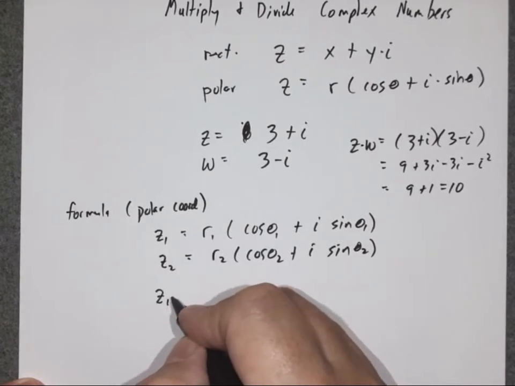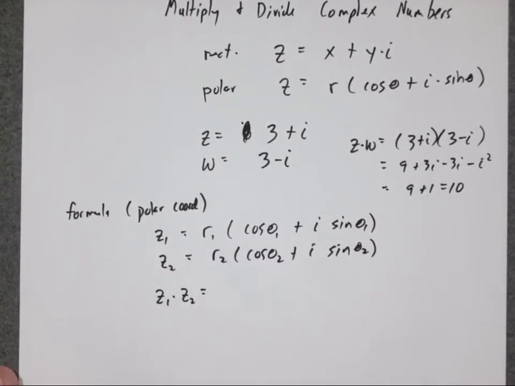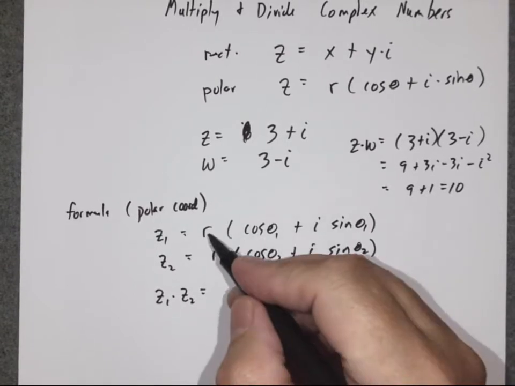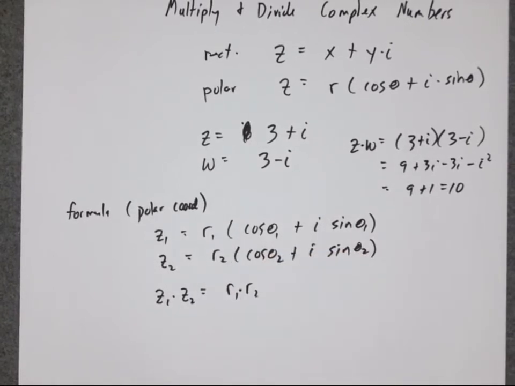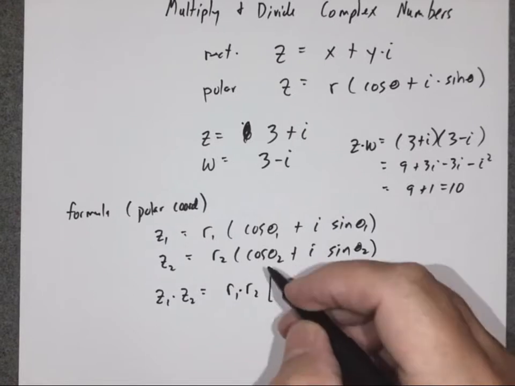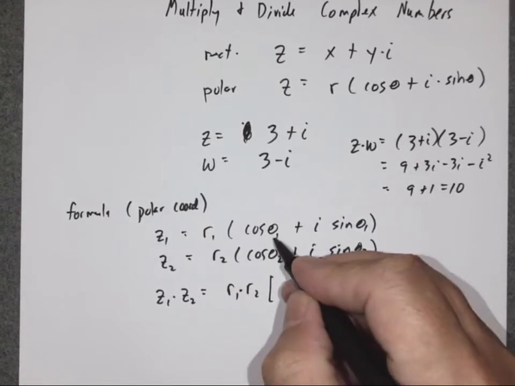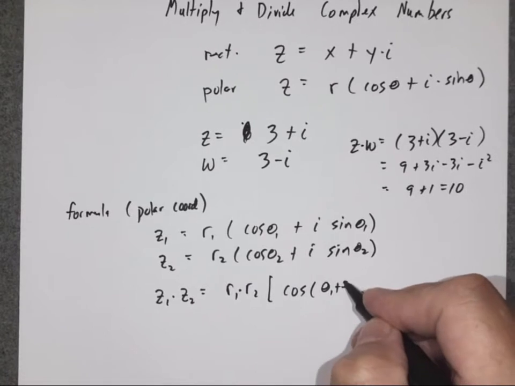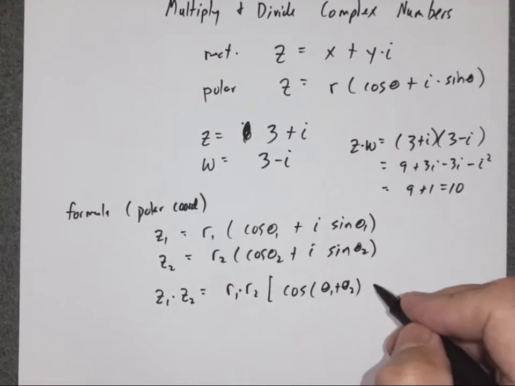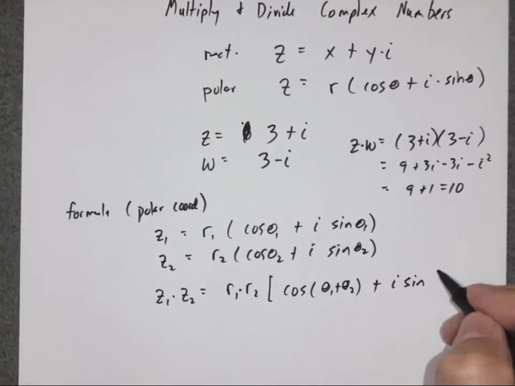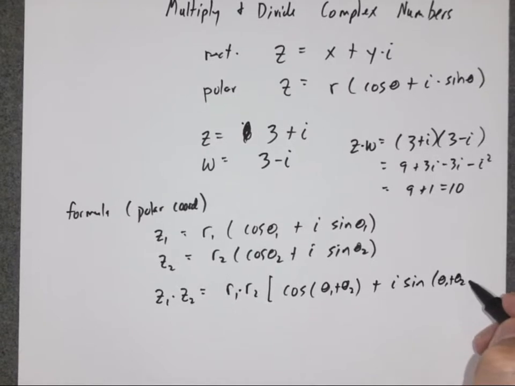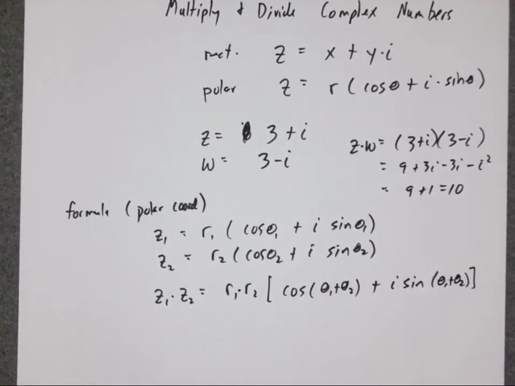Now, if you have two complex numbers and they're both written in polar coordinates and you want to multiply them, it's just a quick, nice formula. You simply multiply the two r's, r1 times r2, and then you have the cosine, and inside the cosine you simply add the two angles, plus i, and then you take the sine and you add those two angles, and you've got it.